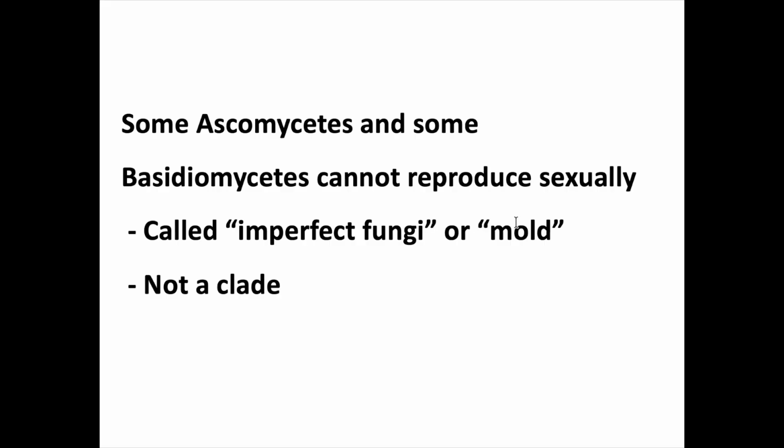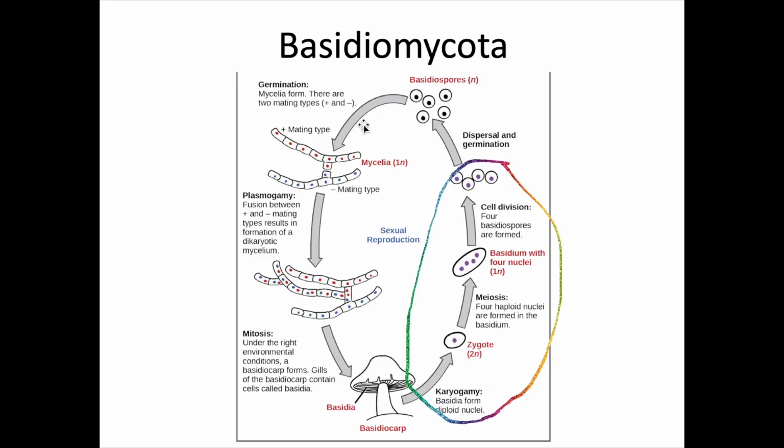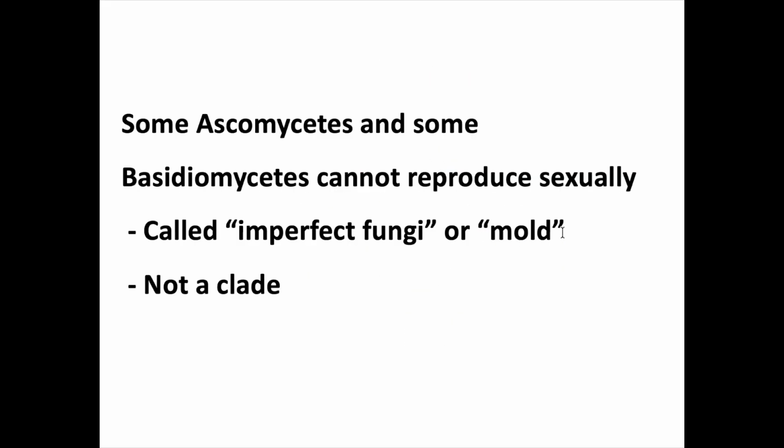These used to be classified as their own thing because, as you can imagine, this thing that doesn't do sexual reproduction at all, why would you put this with Basidiomycota, which their whole thing is this unique sexual reproduction? Well, it's only through, stop me if you've heard this one before, modern genome sequencing and sequence alignment technology that we know these weird molds and imperfect fungi, even though they don't behave at all like the Ascomycetes and Basidiomycetes, they are members of these phyla that have lost this ability to do sexual reproduction and instead only reproduce asexually.